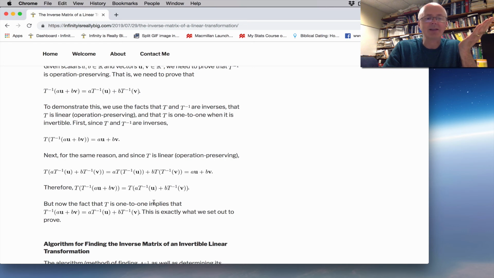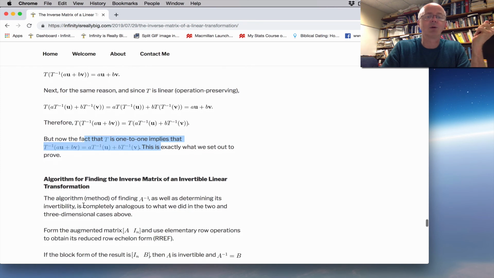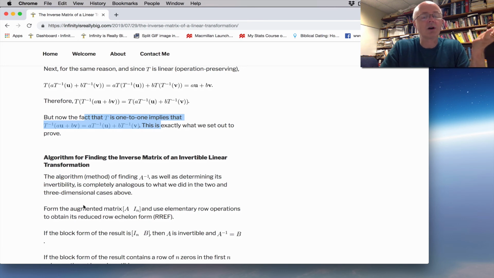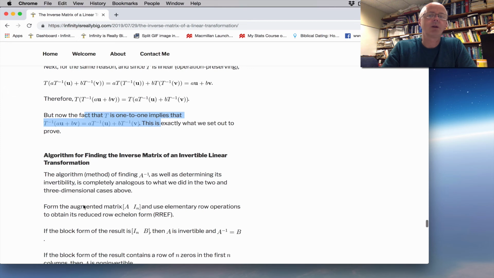And now the fact that T is 1 to 1 implies that their inputs must be the same. When you've got a 1 to 1 function, when the outputs are the same, the inputs must be the same, and that's the final conclusion, which is exactly what we want to prove. So that's an abstract proof that the inverse function, which will exist when the function is 1 to 1 and onto, is in fact linear.